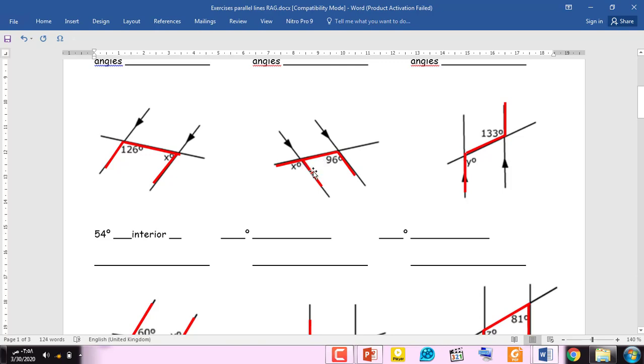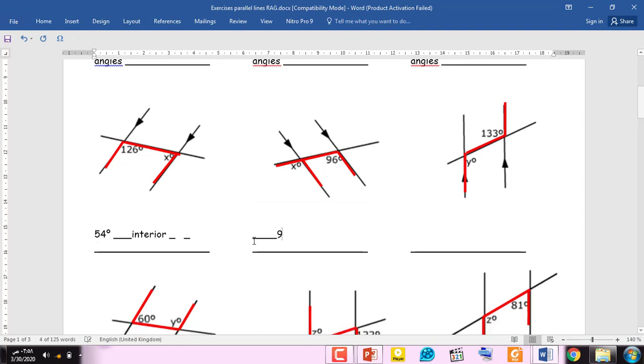The value of x is going to be the same as 96. Why is this? Because these two angles are corresponding.